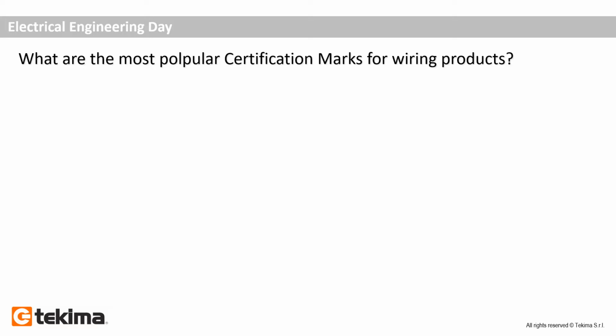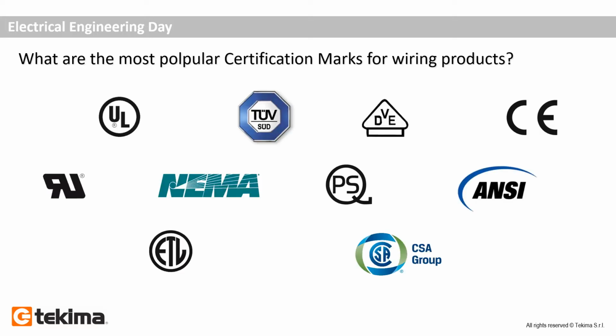So it's therefore necessary to consider the different products to comply with the standards seen up to now. When we combine the standard and product, it is necessary to consider a wide number of certification marks that certify the compliance of the products to the standard.